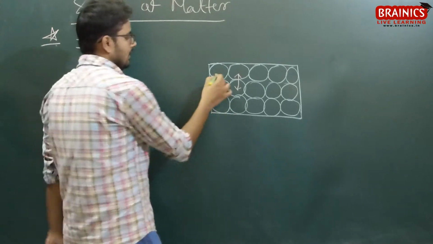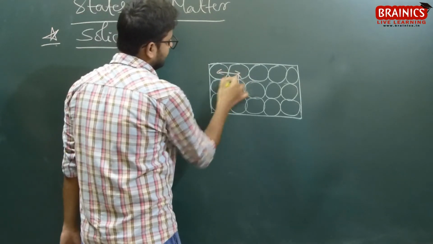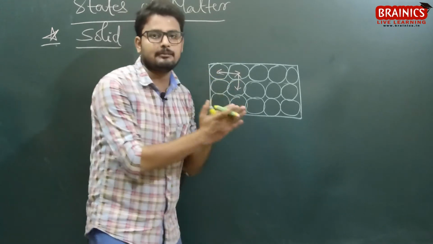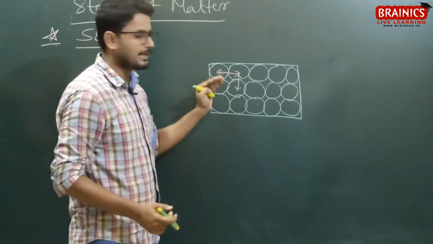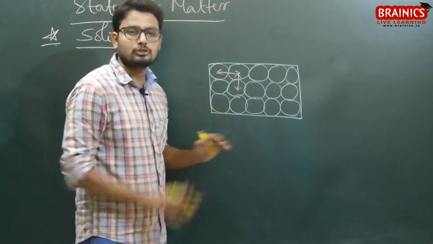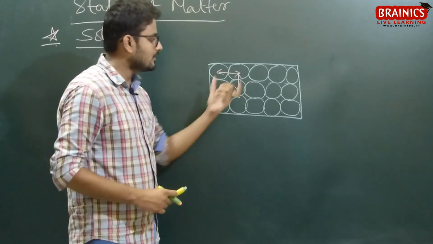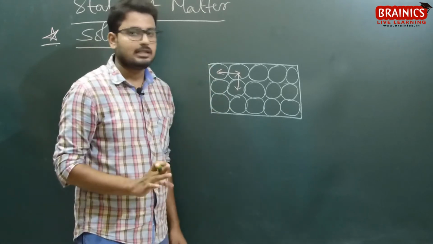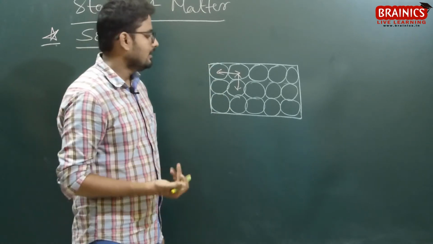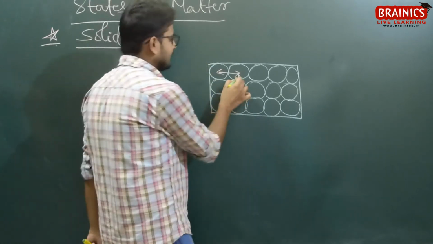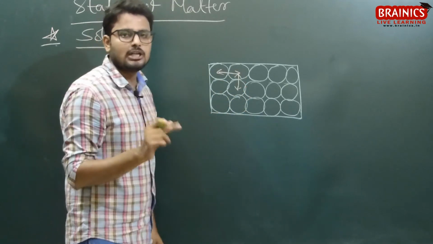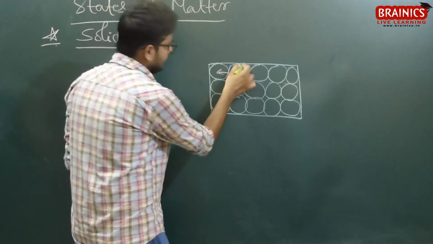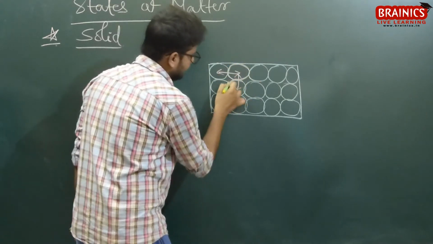The force of attraction here is maximum. The particles don't want to be separated. If you try to separate these particles, they don't want to be separated. They just want to be together. You cannot separate them easily. So you can say that here the intermolecular force of attraction is very high. In solids, these are molecules.